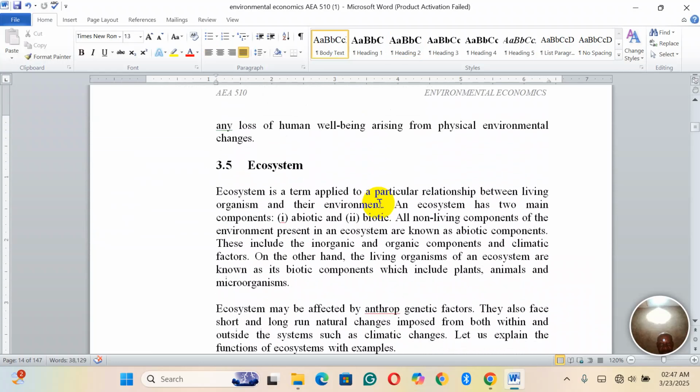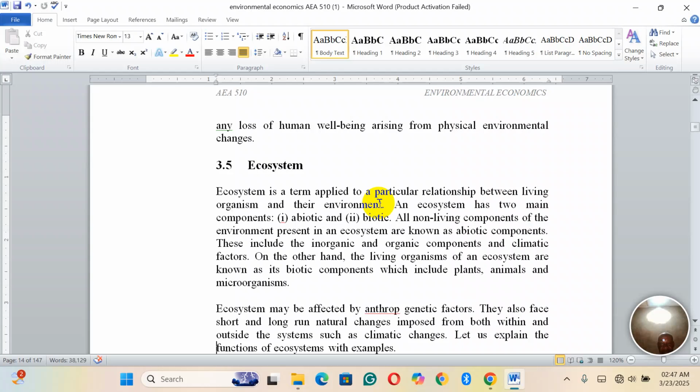Then we're looking at the ecosystem. Ecosystem is a term applied to a particular relationship between living organisms and their environment. So an ecosystem has two main components, the abiotic and the biotic. All non-living components of the environment present in an ecosystem are known as the abiotic component.